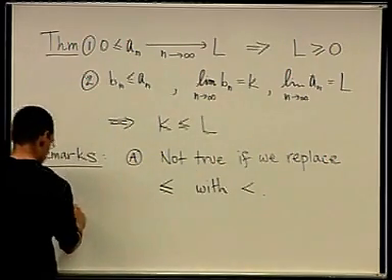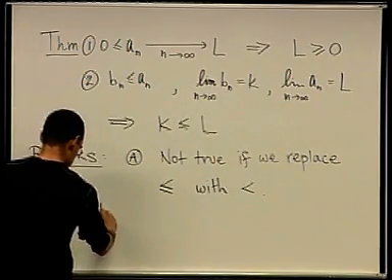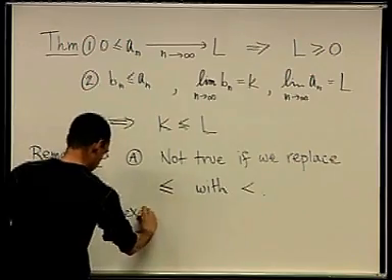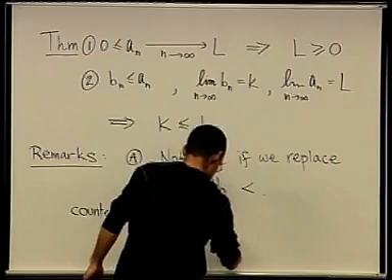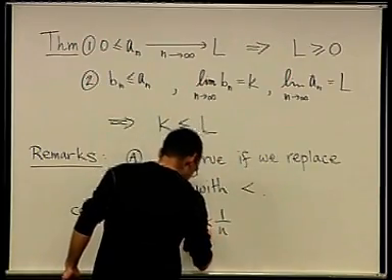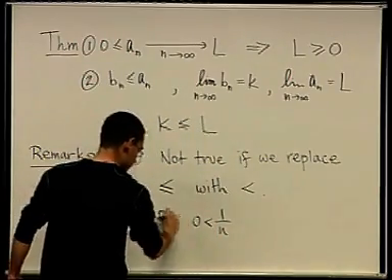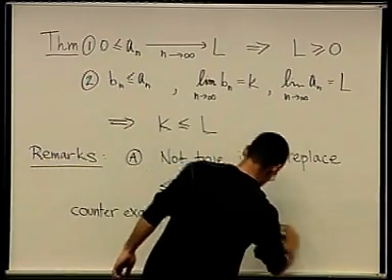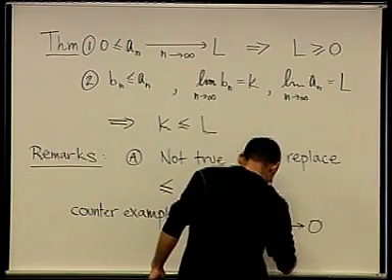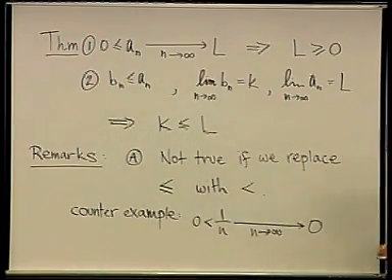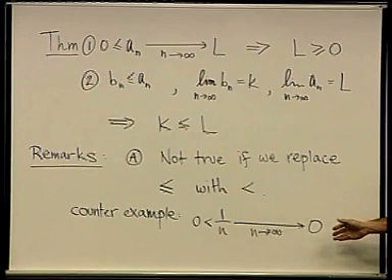So counter example: 1 over n is a strictly positive sequence, but it converges to 0, which is, of course, not strictly positive.